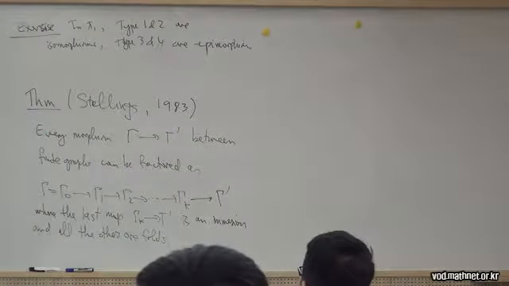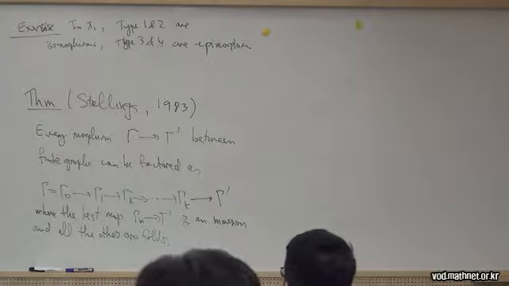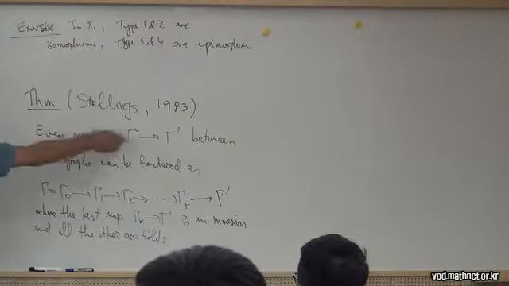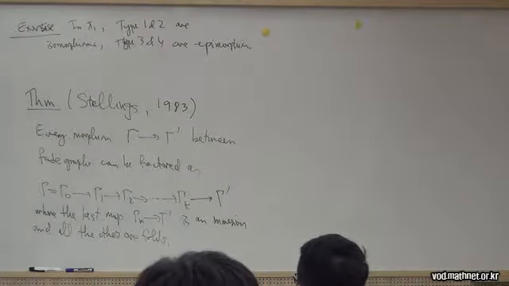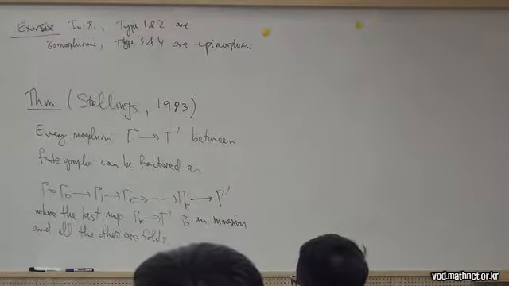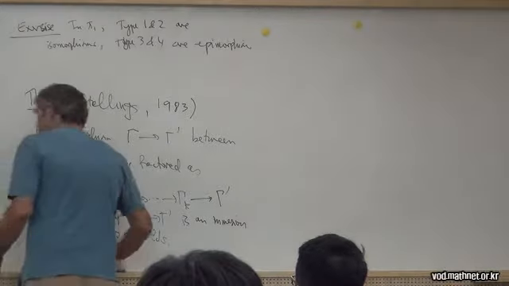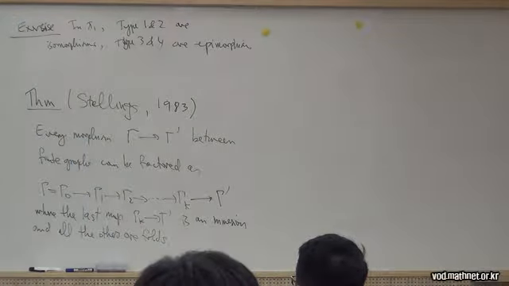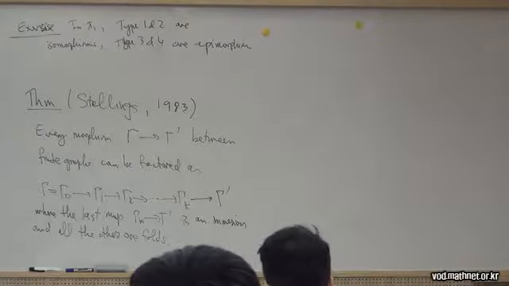You can find two edges like this, and then you can factor your original map into a fold and then something else. And then the something else could be an immersion, in which case you can stop, or not, in which case you can continue folding. After a while, you'll have to get an immersion because you have fewer and fewer edges. Okay, that's the proof. But let's do an example, and let's see what we can read off from the example.